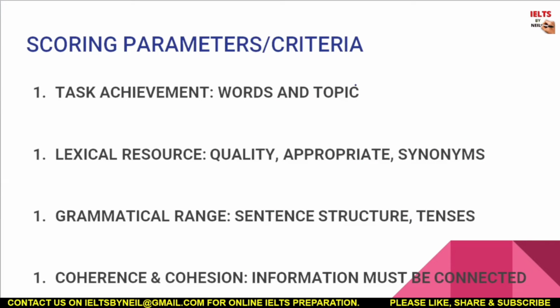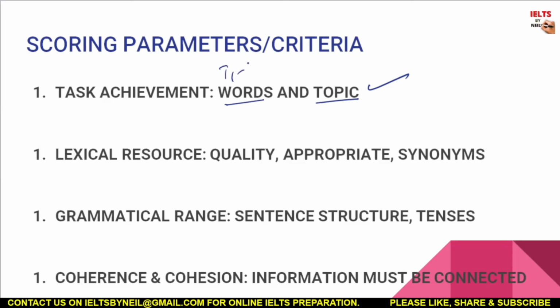Moving on to the last part, that is the scoring parameter or criteria. How do you get judged in this writing, or how do you get the score? What are the things that the IELTS examiner looks for in your IELTS writing? Number 1 is task achievement. In task achievement, they look at words and topic, meaning have you written above the word limit or not.